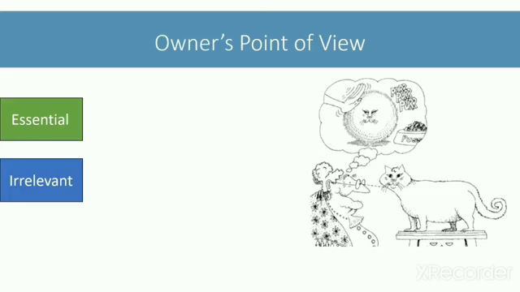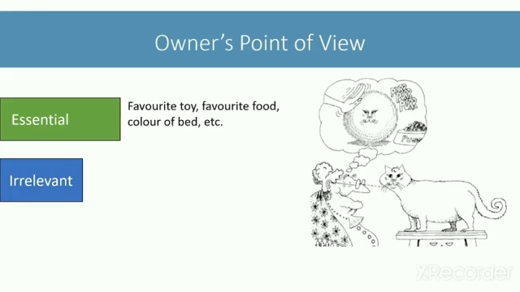Some of the essential features here will be cat's favorite toy, favorite food, color of cat's bed. Because cat is the lady's pet, everything that makes the cat feel happy is essential to the lady.